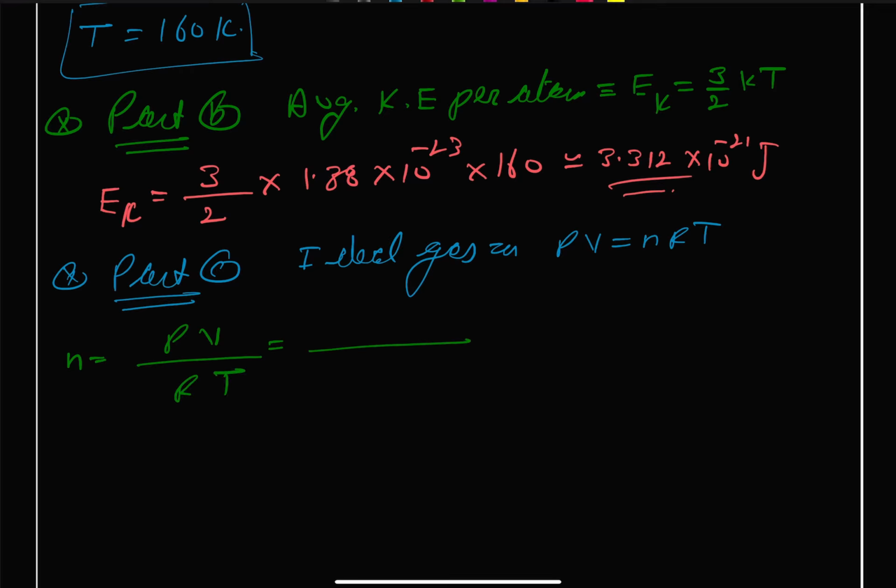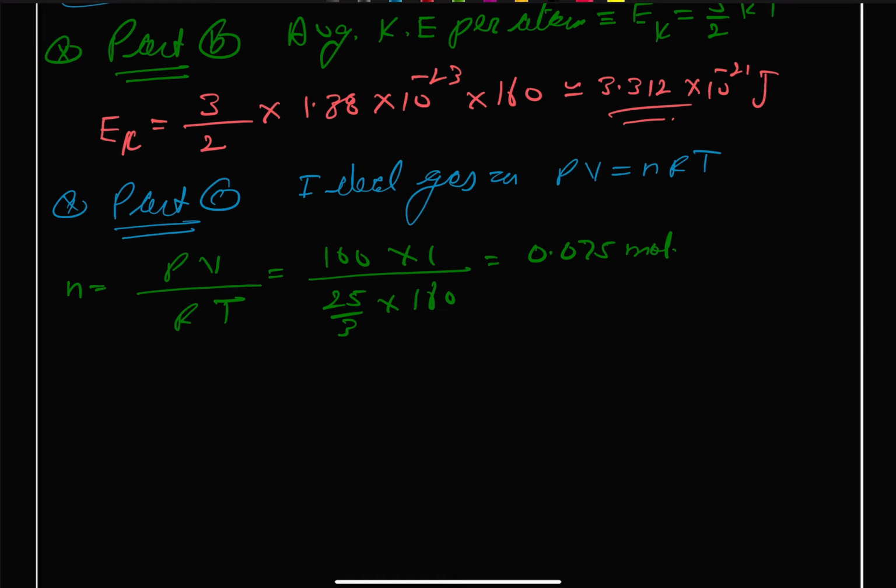So we substitute it, we get this as our 101, and R is our 25 by 3, and temperature is our 160, and this comes as 300 divided by that, so the number of moles will be equal to 0.075 moles, and total mass, that is our M total will be equal to number of moles and the given mass, that is M. Number of moles is 0.075 and M is given as 0.004.